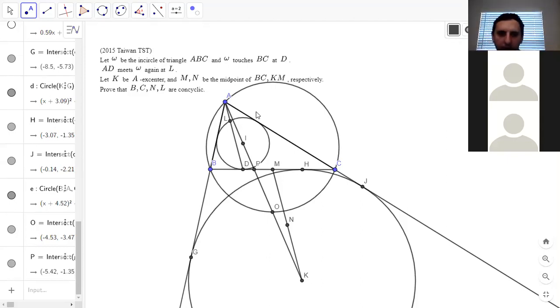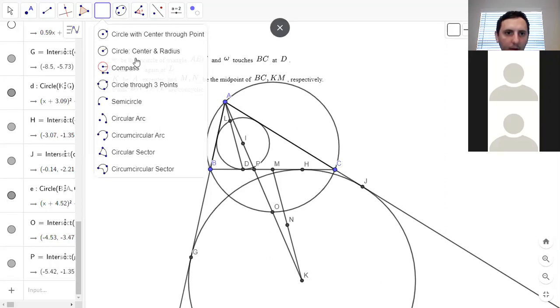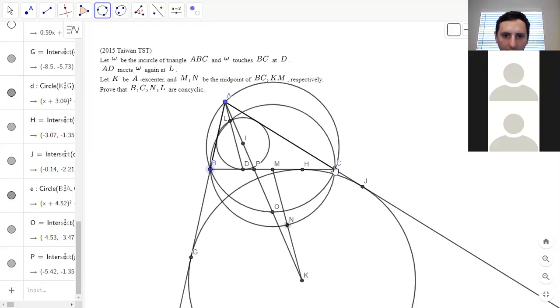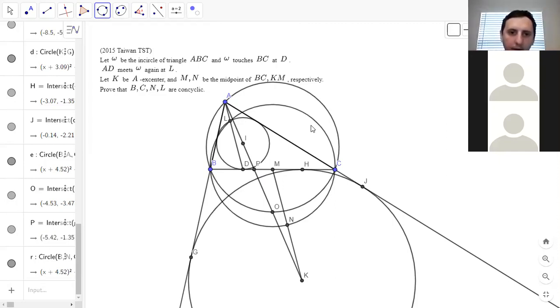So showing that, let's see, we want to show that B, C, N, and L are cyclic. What if, so we don't know the circle exists, but I'm going to try something. What if we reflect L across the perpendicular bisector of BC?